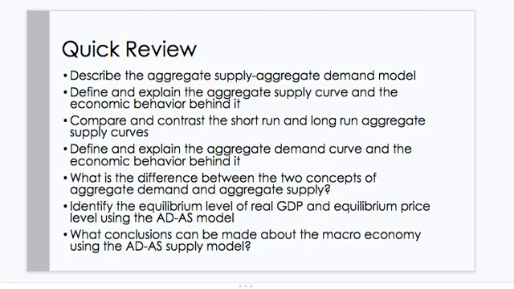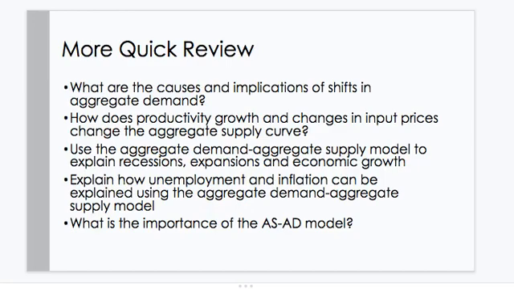What conclusions can be made about the macroeconomy using this model? What are the causes and implications of shifts in aggregate demand? How does productivity growth and changes in input prices change aggregate supply curve? Use aggregate demand, aggregate supply model to explain recessions, expansions, and economic growth. Explain how unemployment and inflation can be explained using the aggregate demand, aggregate supply model, and what is the importance of the AS-AD model. And that's all.